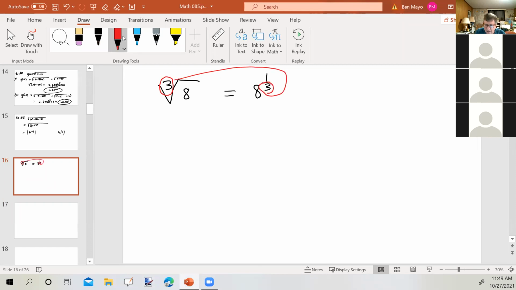So the cube root of 8 is the same as 8 to the 1/3 power, okay? Or let's say I've got the square root of 4. That would be 4 to the 1/2 power, because recall there's an implied 2 if there's nothing written there, okay?